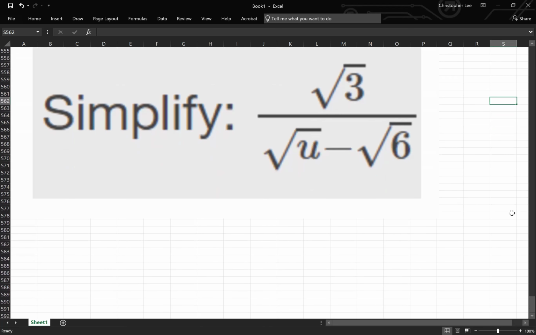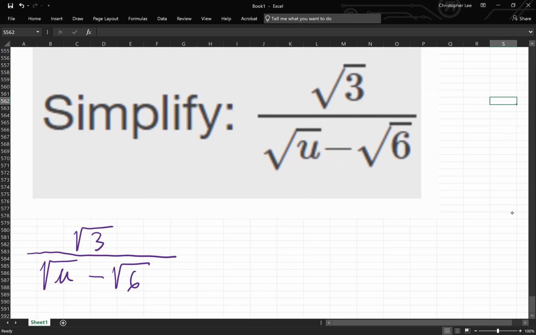All right, so I have square root 3 over square root u minus square root 6. The square root 3, that's cool. No problem with that. But my problem here is that in square root of u minus square root of 6, I have a radical in my denominator.